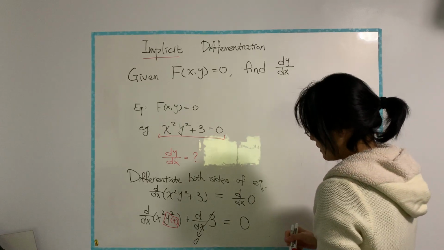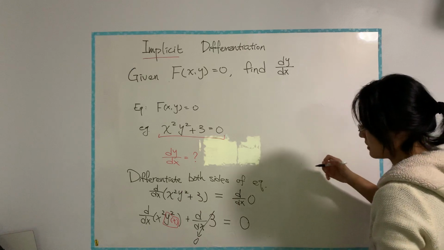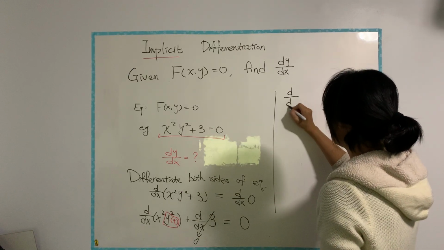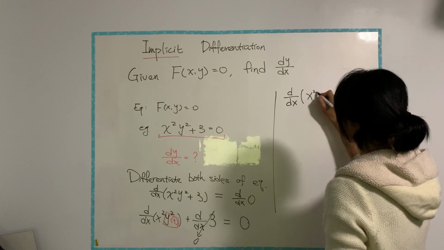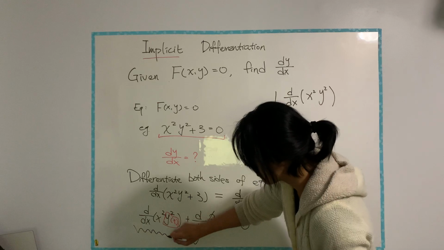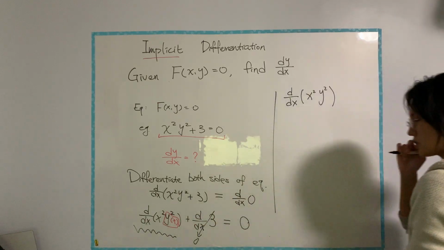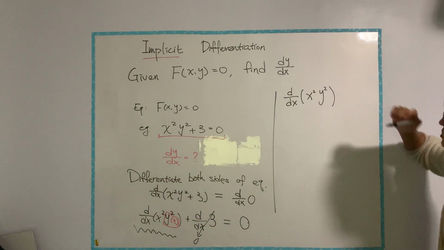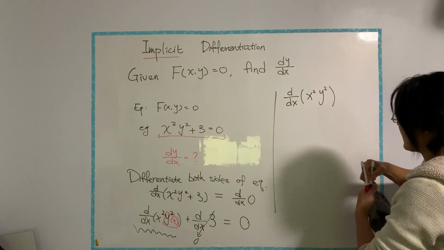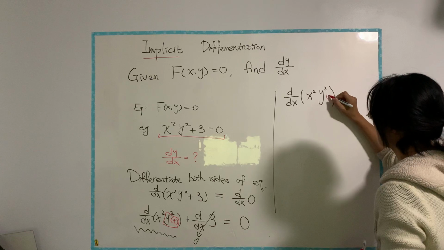Let me focus on d/dx of x squared y squared. Right now I only look at this part, and I will come back to the equation later. We're thinking y is a function of x.